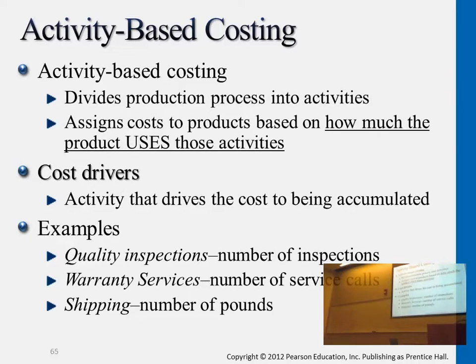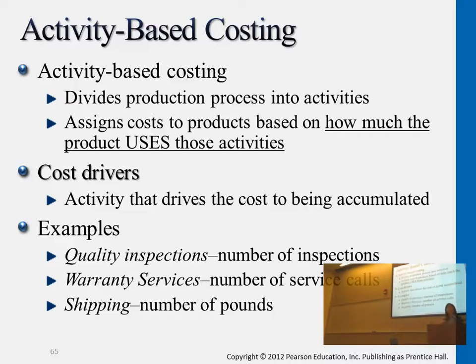Okay, so here are other examples to give you more references. Shipping costs: usually when you purchase something from Amazon or eBay, it depends on the number of items or how heavy the item is. So this will be the driver of the cost incurred for shipping. Inspection cost: the number of times an inspection occurs in each season in your business.